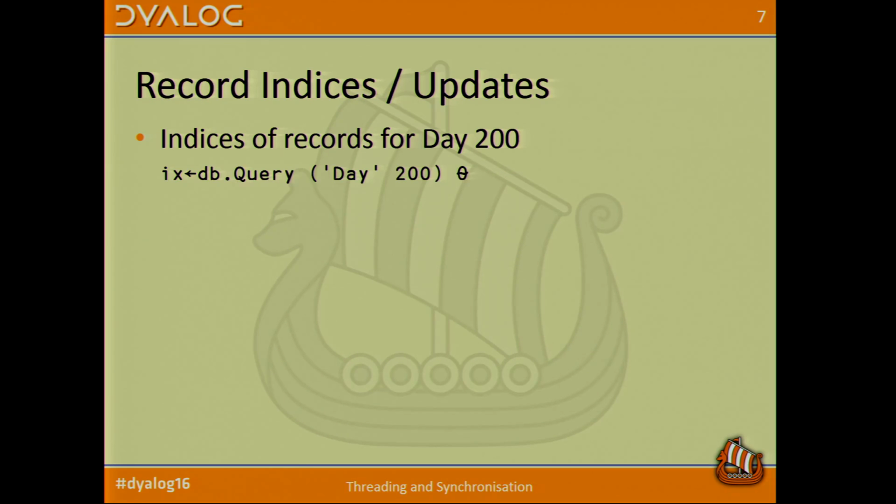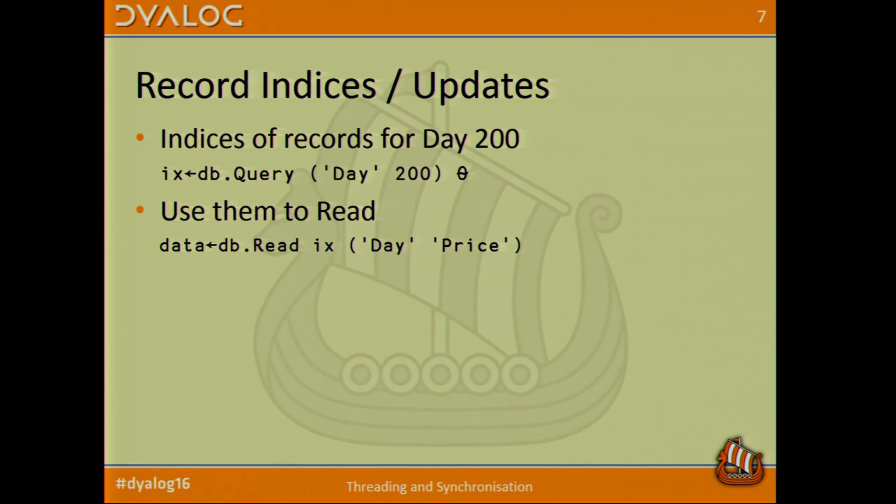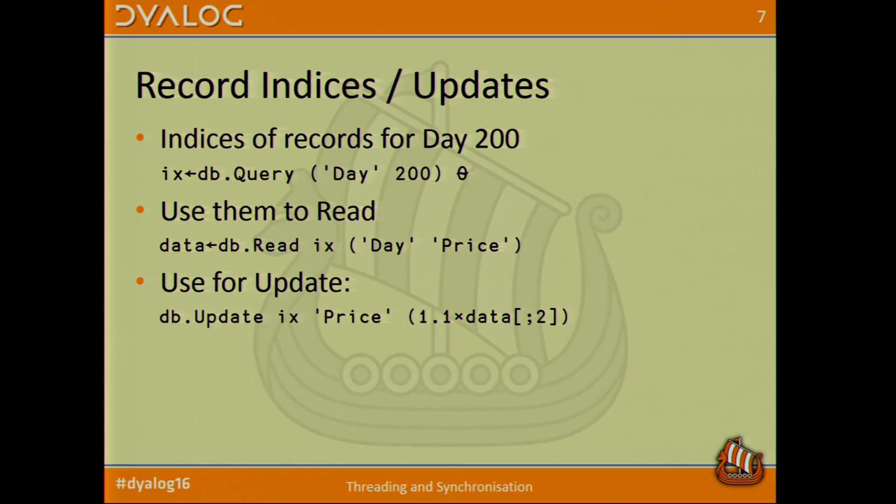You can also, if you don't select columns, get back numeric indices for the records, and you can then later use them either to read the columns or use them as an argument to the update function. So update these records, set the price to hike the price by 10% and update the database.